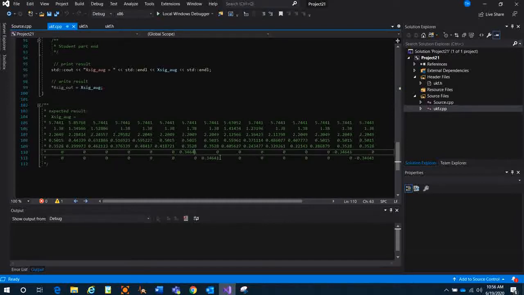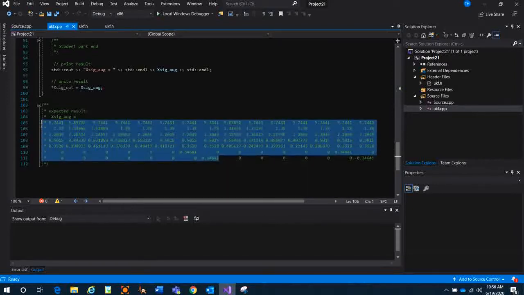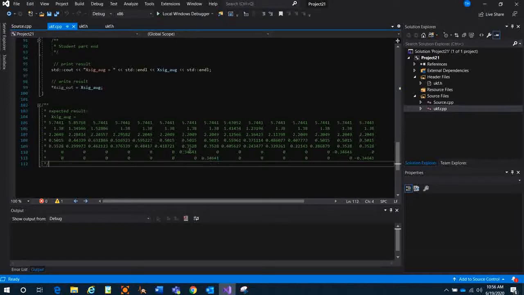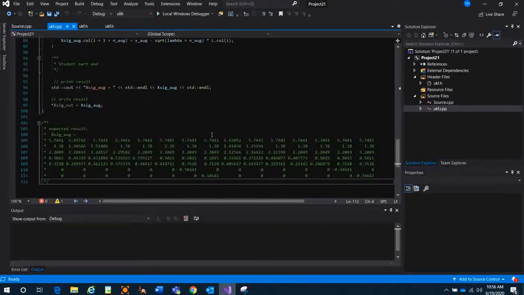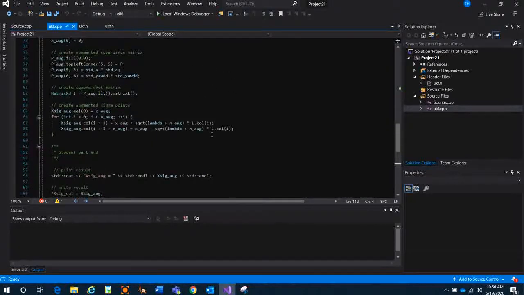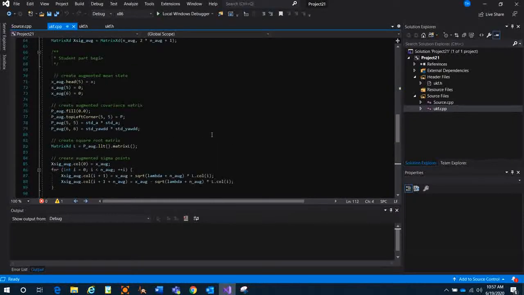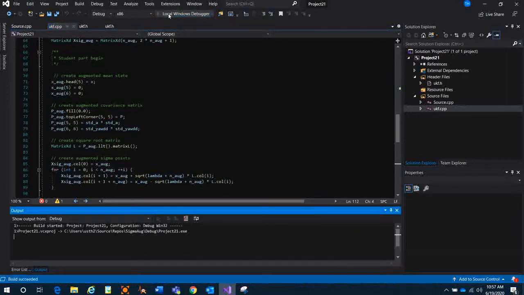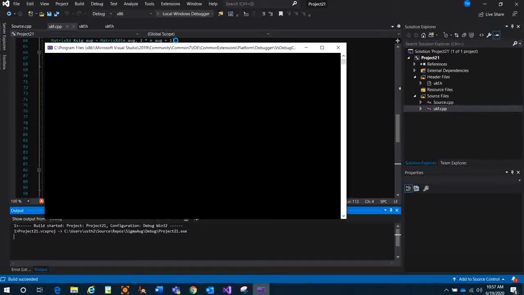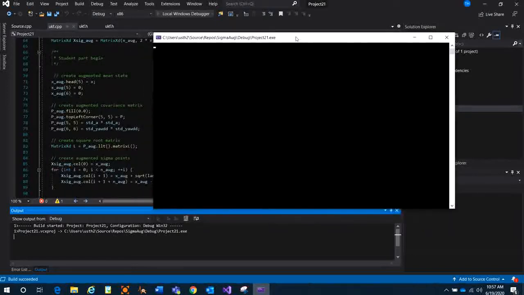For the last two columns, we use sigma yaw acceleration squared and sigma acceleration squared right here. So that is how to create the augmented mean state. I think you understand how to do that.